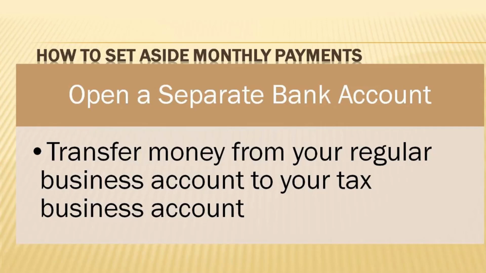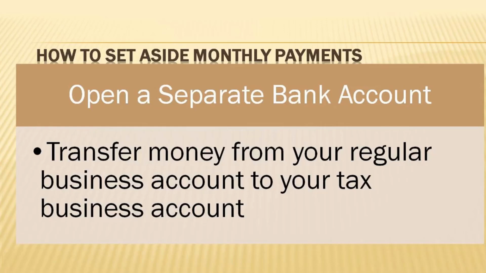Now, because you're calculating your quarterly estimated payments, you're not really going to know what your payments are month to month. Once you're done with the first three months, you will have an idea of what was due for the first quarter.